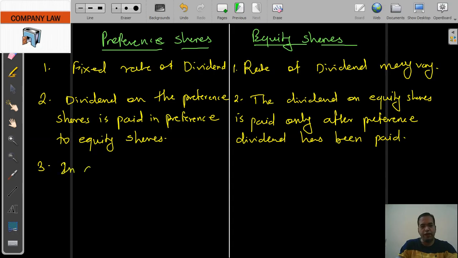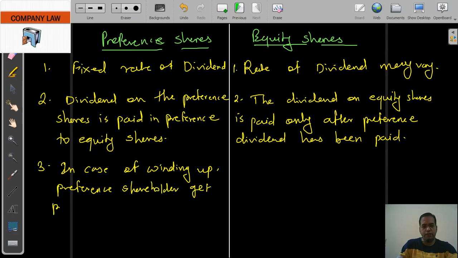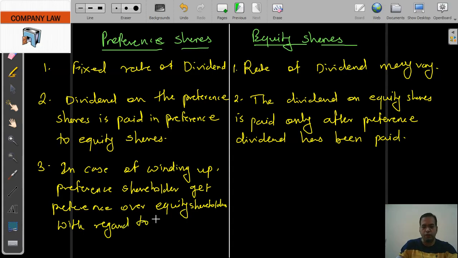We can write down, in case of winding up, preference shareholders get preference over equity shareholders with regard to payment of capital.